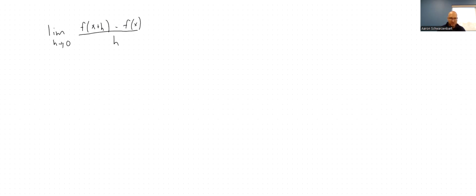Definition 2 is limit as x approaches a. Sometimes they'll do this as a approaches b instead of x and a, of f of x minus f of a all over x minus a.